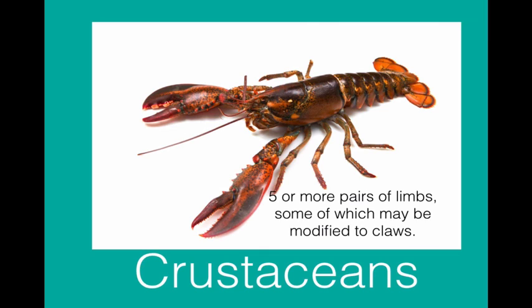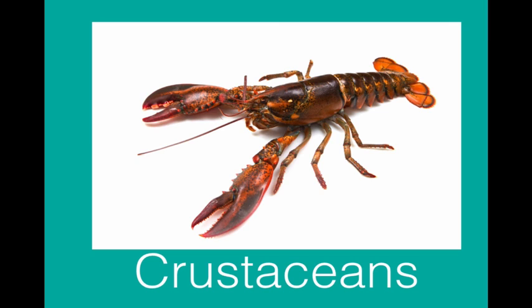They have 5 or more pairs of limbs, some of which may be modified into claws, so you can see that this lobster has 10 limbs, 2 of which are the claws. It has compound eyes and often has 2 pairs of antennae, again not always obvious on pictures. So with our exam questions, go with the pictures rather than your base knowledge.